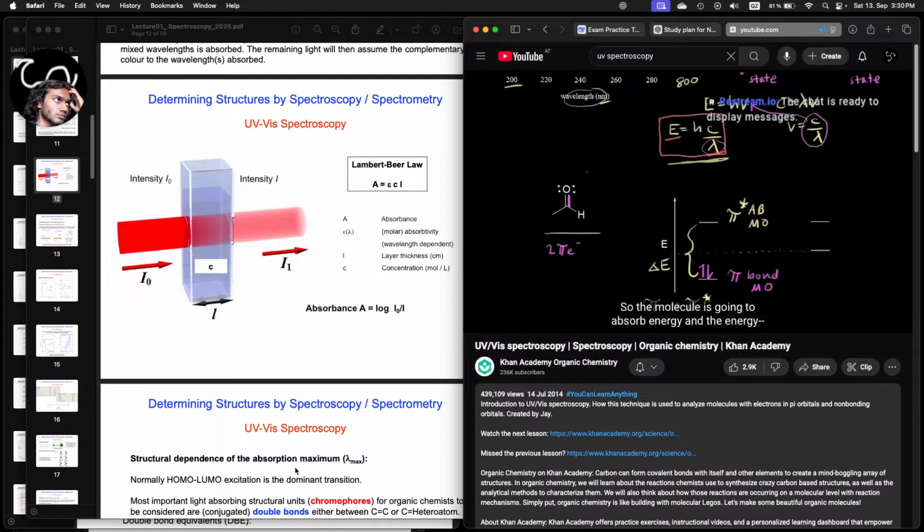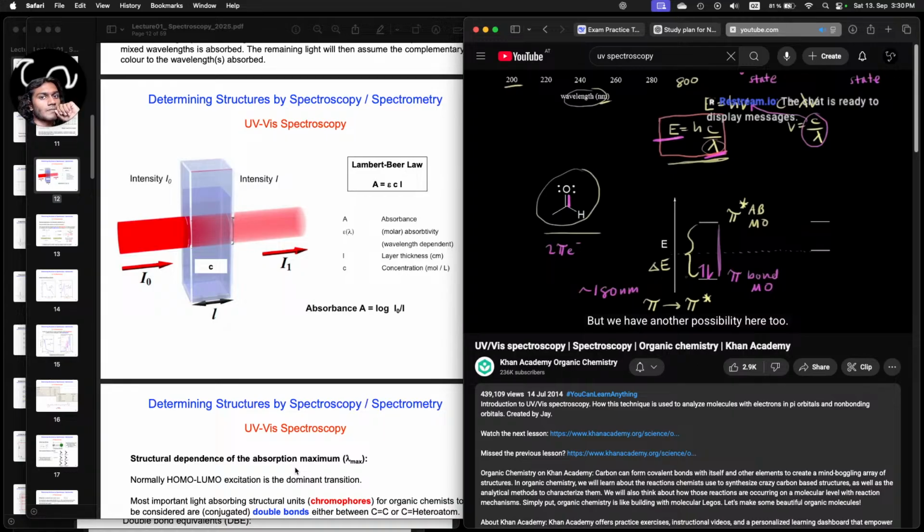So the molecule is going to absorb energy, and the energy corresponds to a wavelength of light. So this energy difference between our two orbitals. And it turns out that this pi to pi star transition is approximately 180 nanometers, which is below the range of what you're usually measuring when you're using a UV vis spectrophotometer.